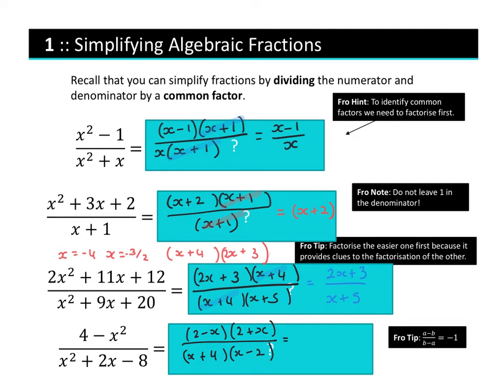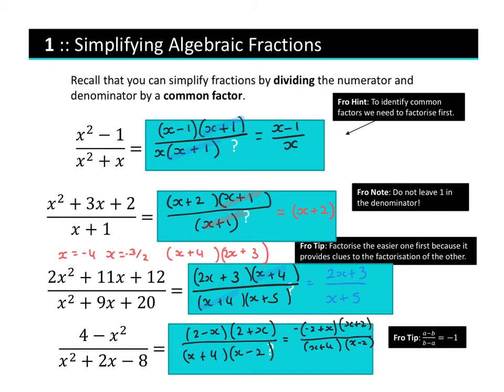The 2 minus x on my numerator, I can actually change. If I take out a factor of negative 1, I then get negative x minus 2, x plus 2 over x plus 4, and then I've got x minus 2.